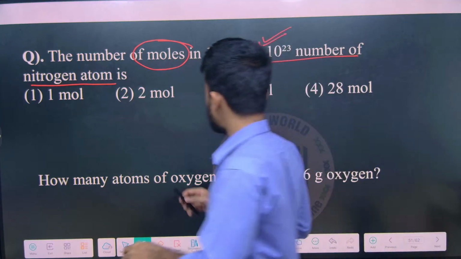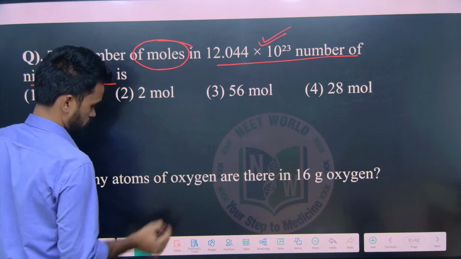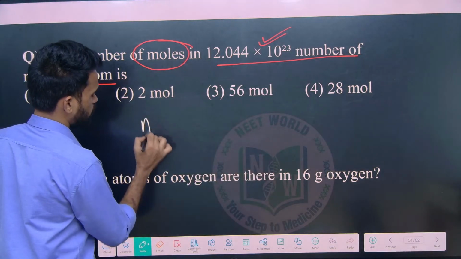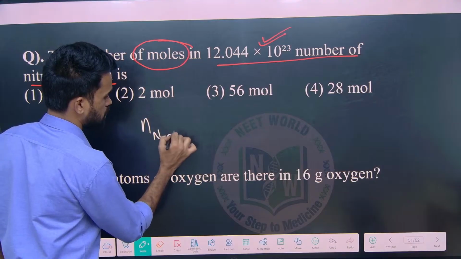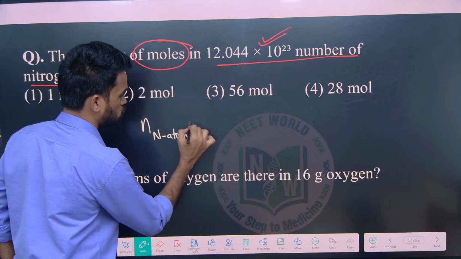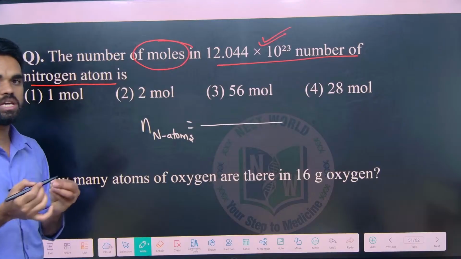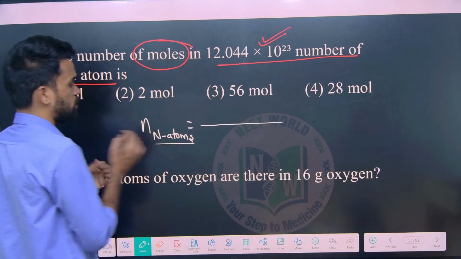So number of moles of nitrogen atoms. This is nitrogen atoms, always mention this, because nitrogen molecules will be there and atoms will be there, so you need to have clarity here.